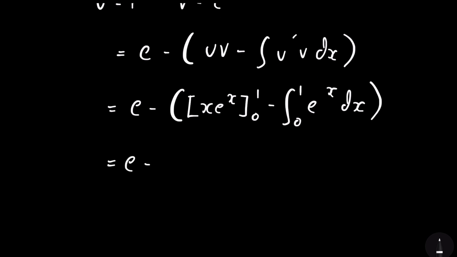So the first part, we have e minus 0, and the integral of e to the x is e to the x. So we have e minus 1. Now, these two minuses cancel each other, so our final answer is e minus 1.